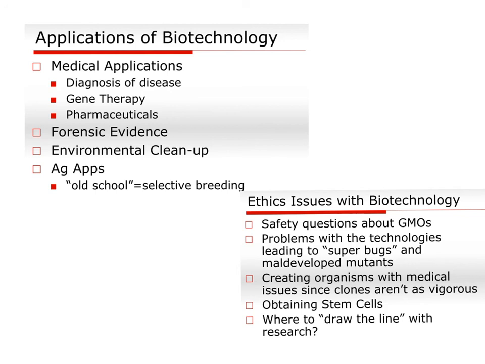Obviously, there are issues with obtaining stem cells, and creating organisms with medical issues since the clones don't seem to be as vigorous as the real thing. CRISPR in and of itself, if you followed the news, is kind of the newest technology, and has a whole lot of issues with it. There's a lot of excitement that surrounds that technology, but also a lot of fear about what would happen if somebody did the wrong thing with it.